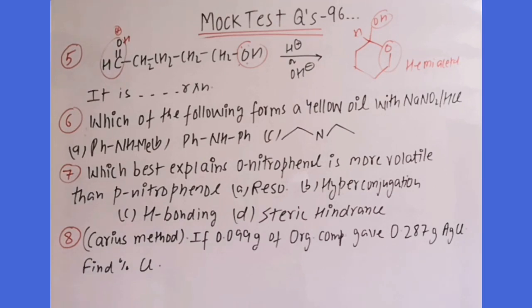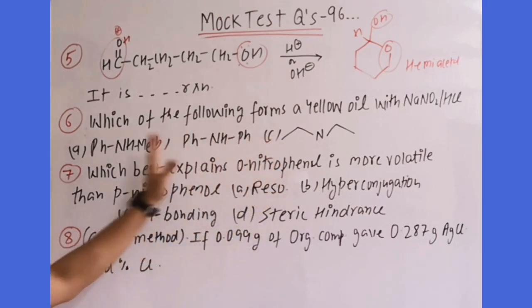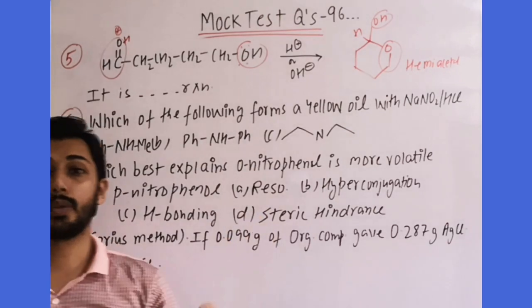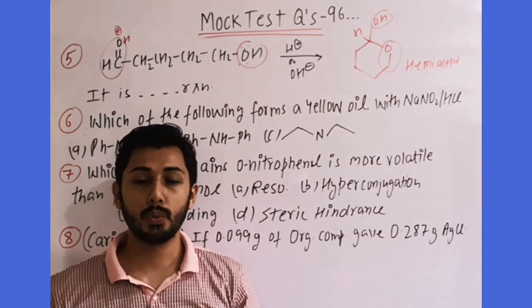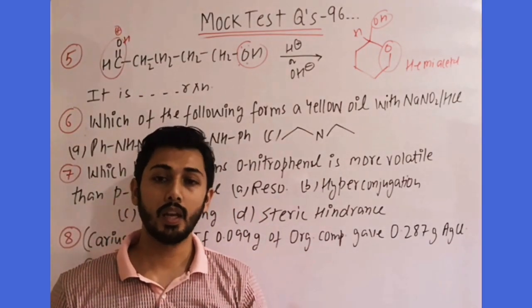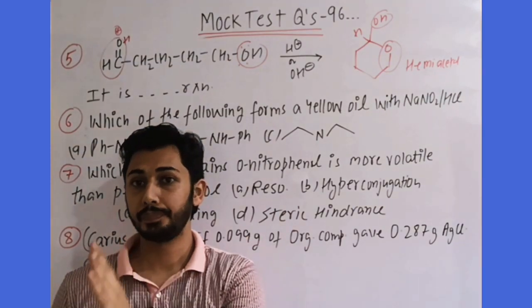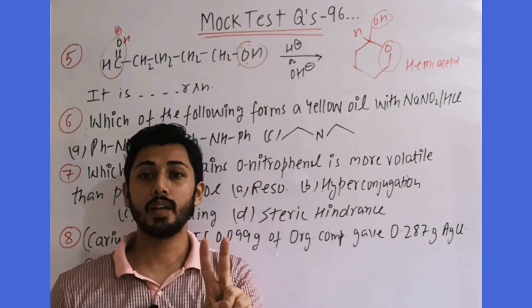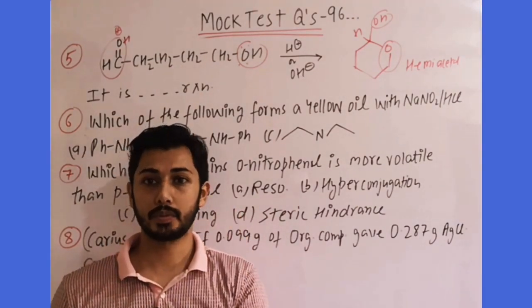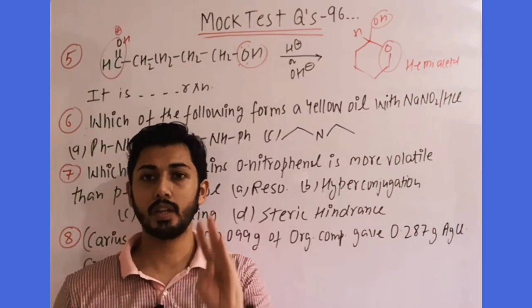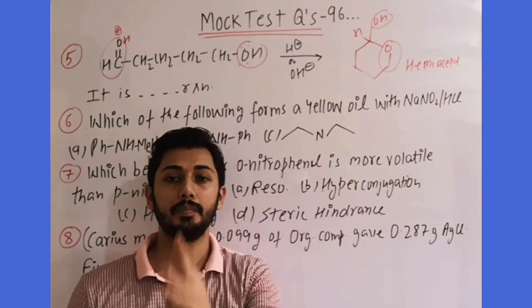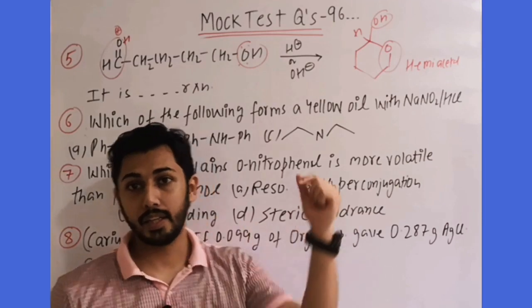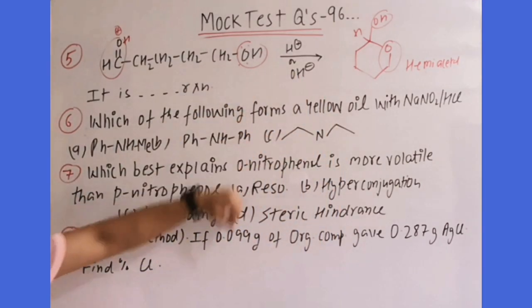It is a yellow oily substance with NaNO2/HCl, and all are amines. Now recall, we have done this test with HNO2, that is nitrous acid, or NaNO2/HCl. Primary amines give N2 gas. Secondary amines give a yellow oily substance. In the POC also it is covered, mainly at the end of the amines topic, you can see.